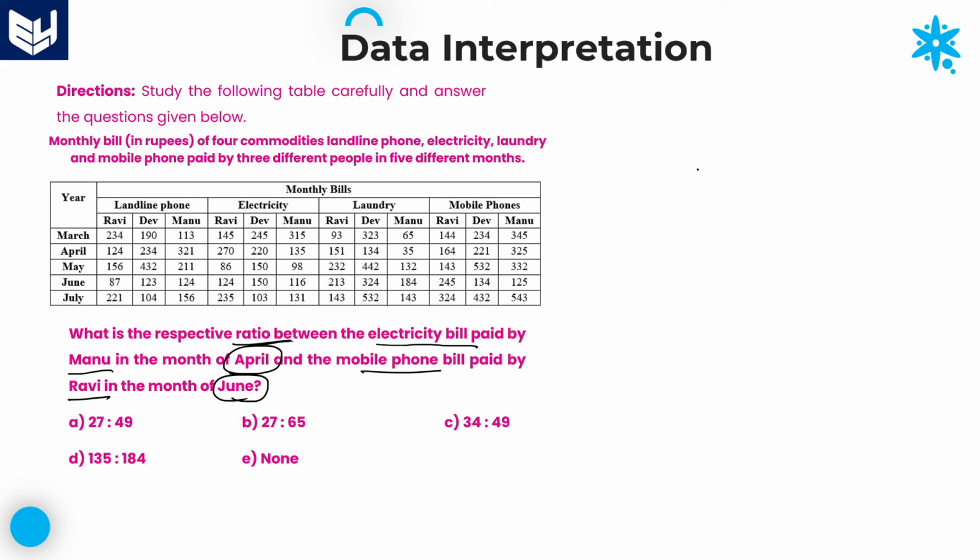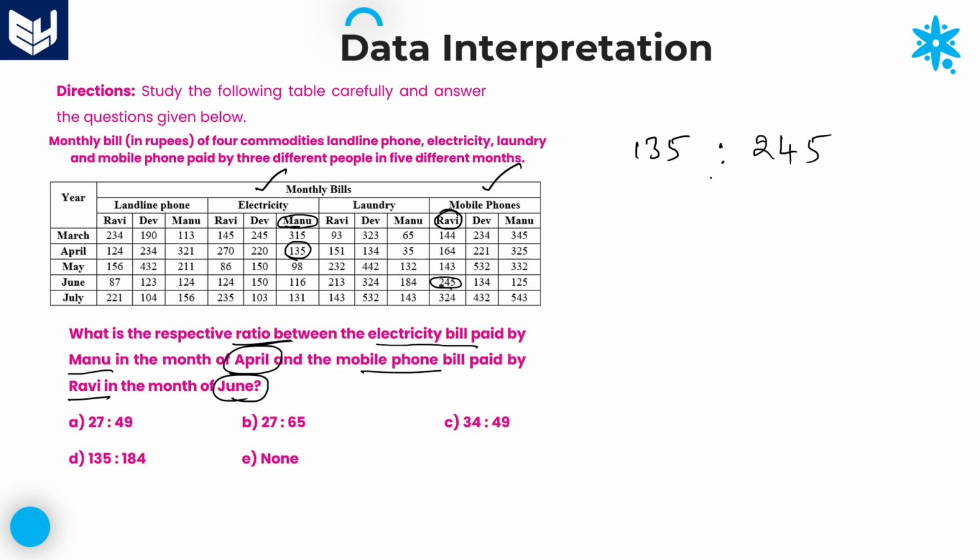Here the first value, electricity bill, this one, and next Manu, and next the month is April, value that is 135. And next, mobile phone bill, that is the last one. The person is Ravi, and the month we are talking about, June, that is the last but one: 245.